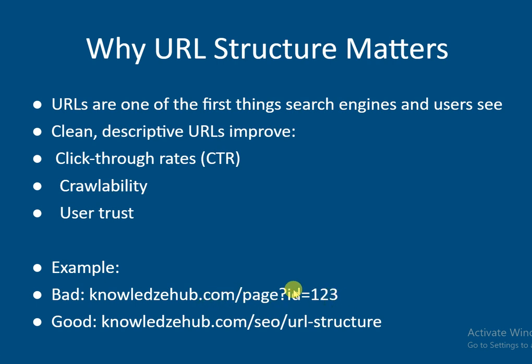You can't remember this. Whereas the good URL is very clear. Even the URL says what exactly this page is about. This is the SEO and URL structure, so this page is talking about URL structure. Whereas here, with some special characters, by seeing this you can't judge what this particular page is talking about.